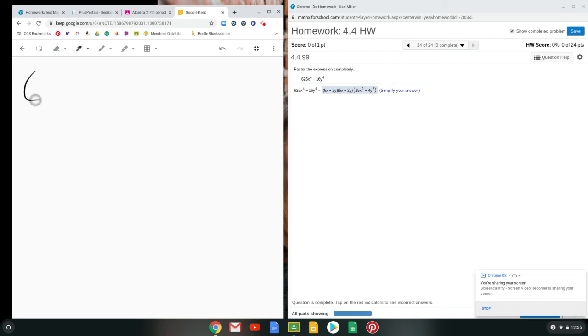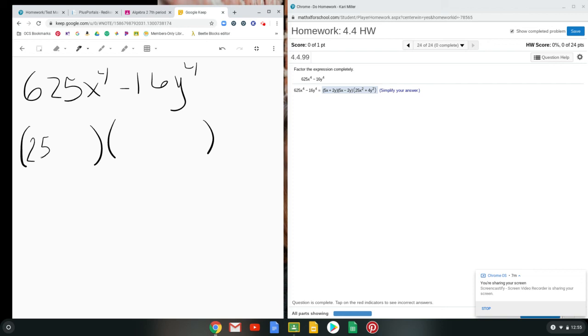exactly like this before. Notice it's got an x to the fourth term and a y to the fourth term. And 625 is a perfect square, 16 is a perfect square. So we're going to use the difference of squares rule. So it's 25x squared plus 4y squared, and 25x squared minus 4y squared.